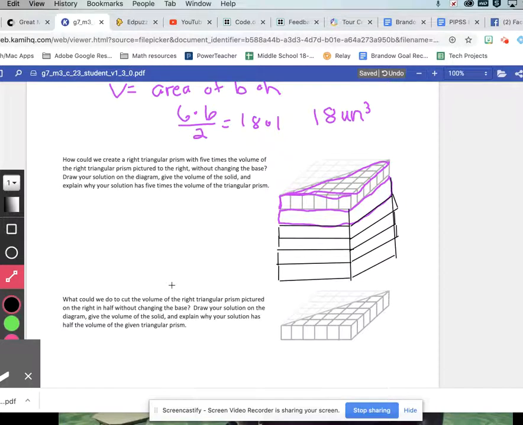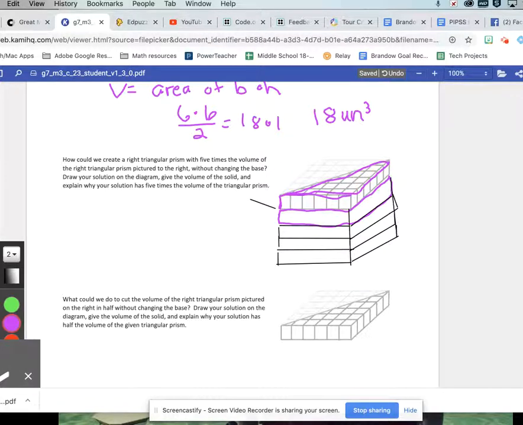Okay, so I've redrawn this right triangular prism with a volume that is 5 times. So this was our original side, and then I just did the same exact shape, but with 4 more layers, because then I'd have 5. 1, 2, 3, 4, 5.